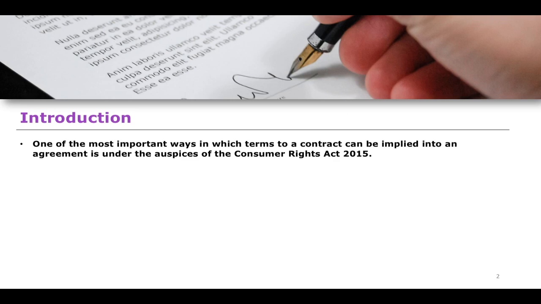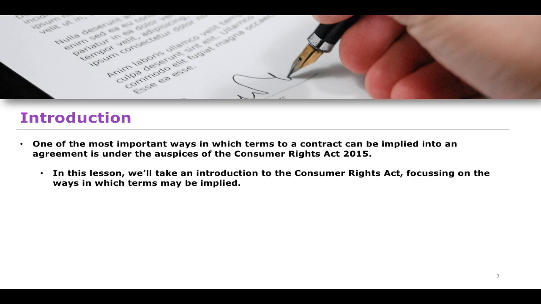This is one of the most important ways in which terms of a contract can be implied into an agreement that is under the auspices of the Consumer Rights Act itself. Of course, we're not going to spend huge amounts of time in this series of lessons on the law of contracts talking about the Consumer Rights Act in a great amount of detail.